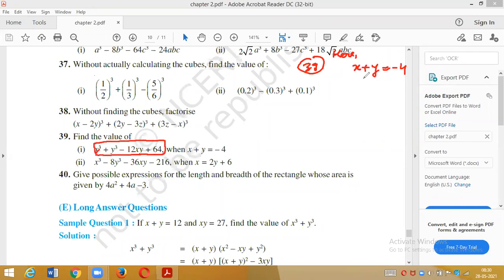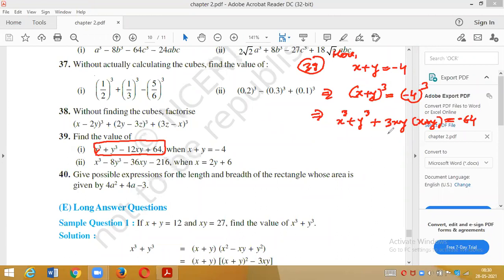If we are cubing on both sides, then we will get this statement. On cubing both sides, we have x plus y whole cube is equals to -4 whole cube. What is the formula of x plus y whole cube? It is x cube plus y cube, right, plus 3xy in the bracket x plus y, right, is equals to what? 4 4s are 16, 4 16s are 64 in minus.